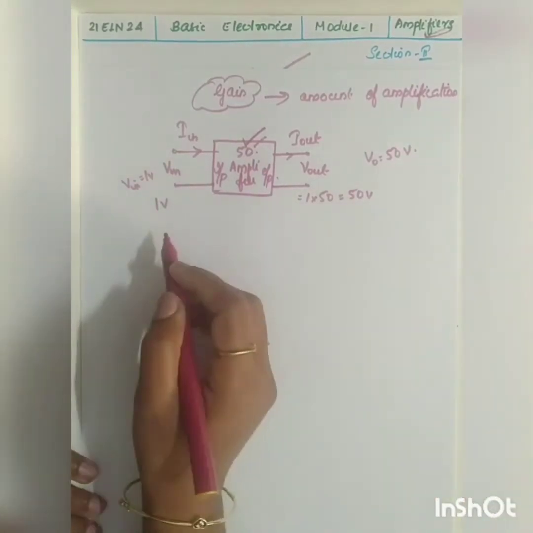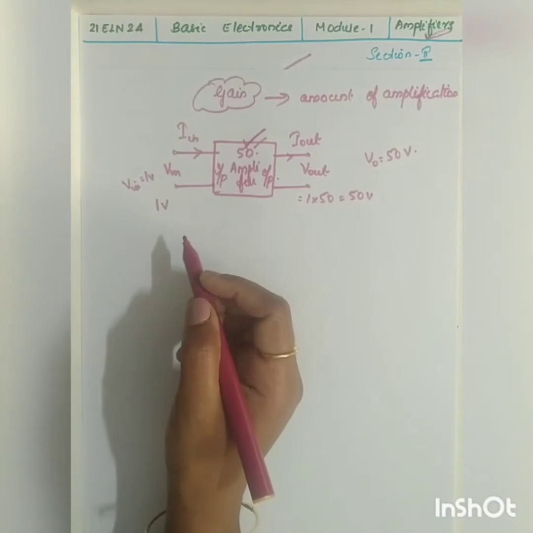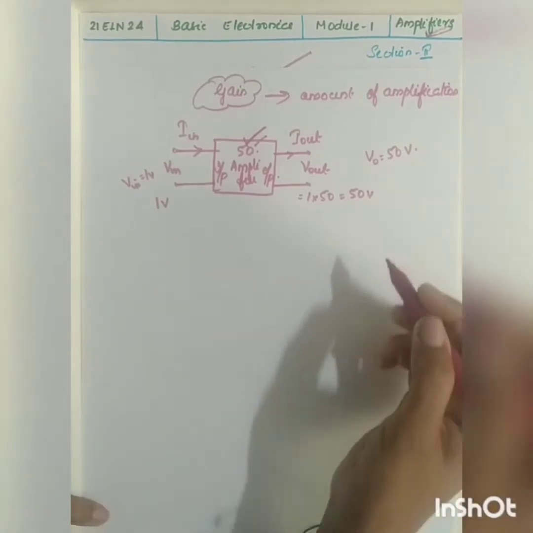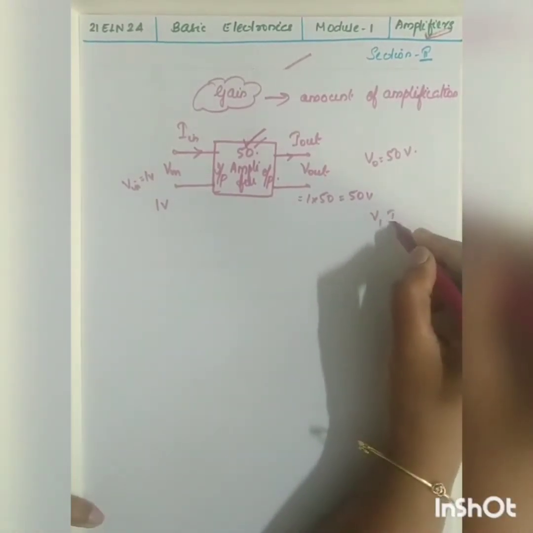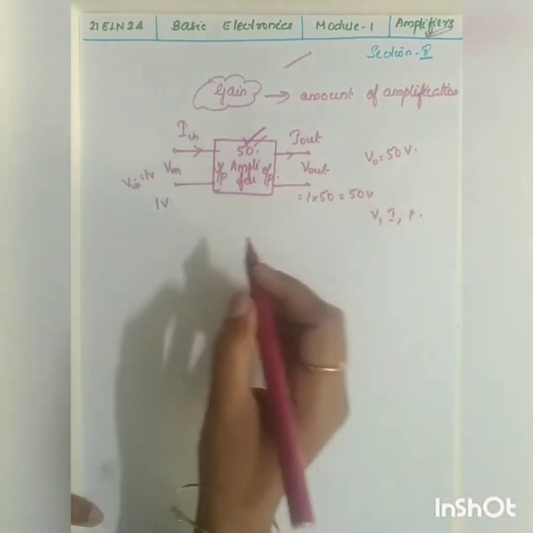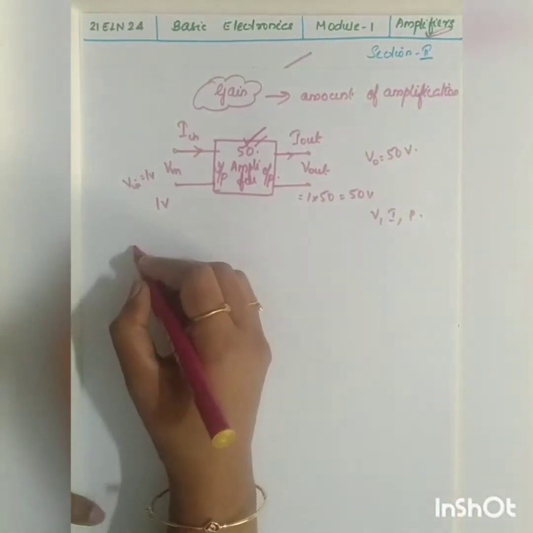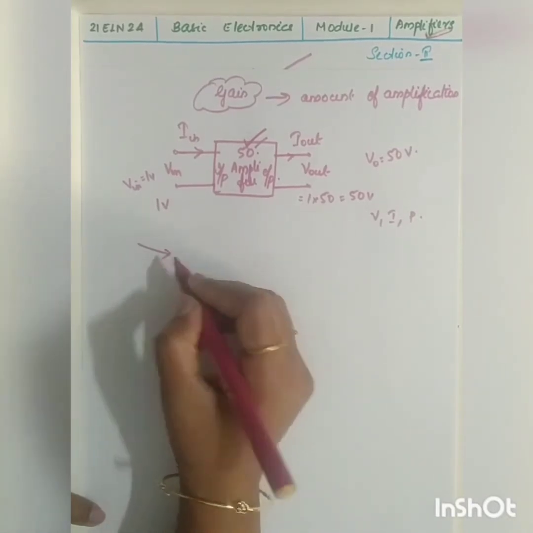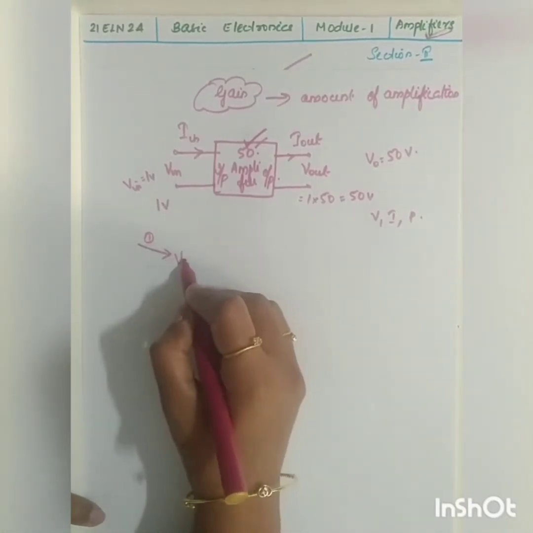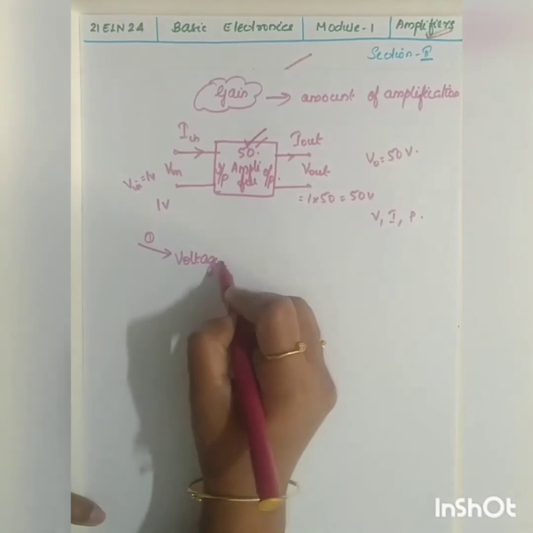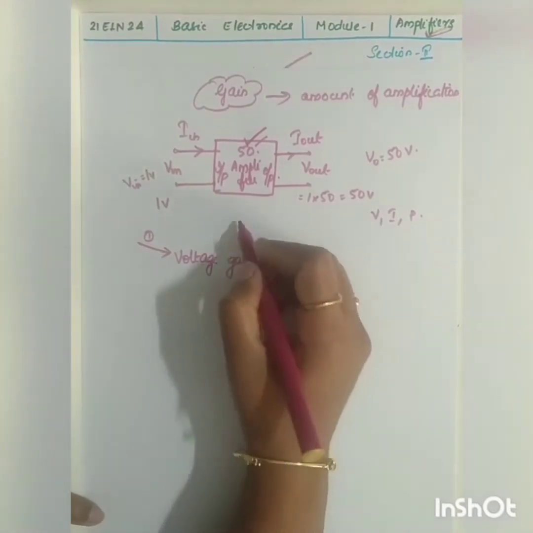Mainly the gain can be classified into 3 types, because you are going to increase the strength of either voltage, current or power. The first one is your voltage gain.